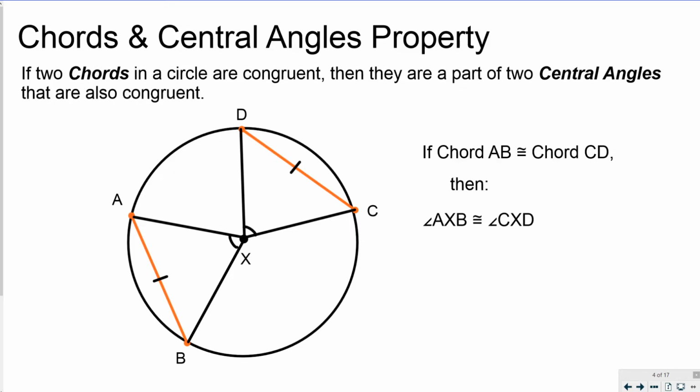And then by definition as well, that also tells us that arc AB is congruent to arc CD. Seeing as their central angles are congruent, then their intercepted arcs must also be congruent as well.